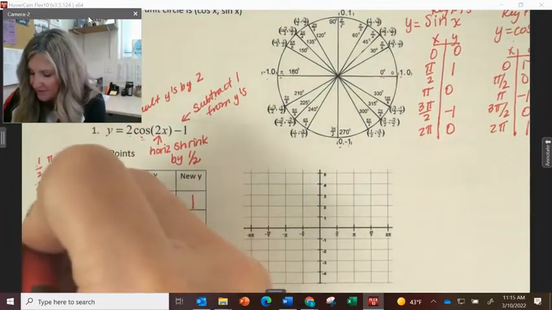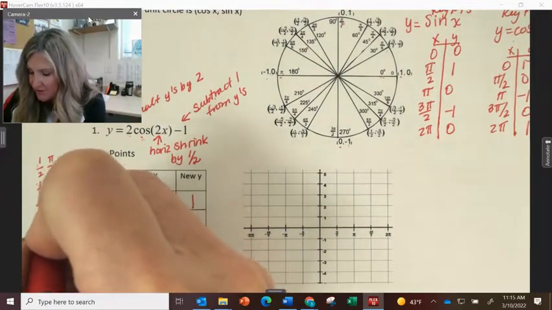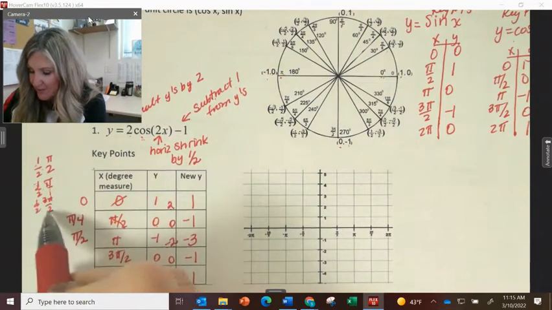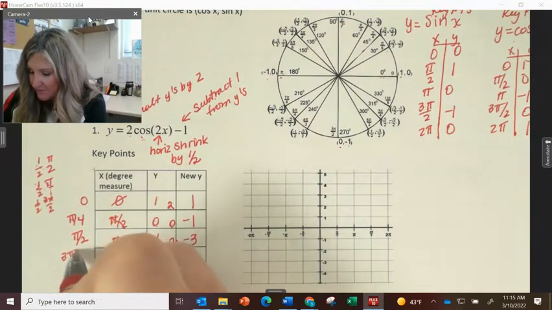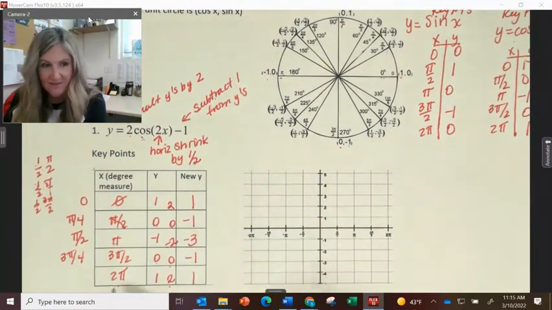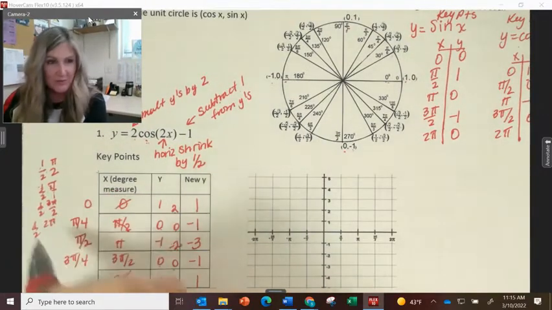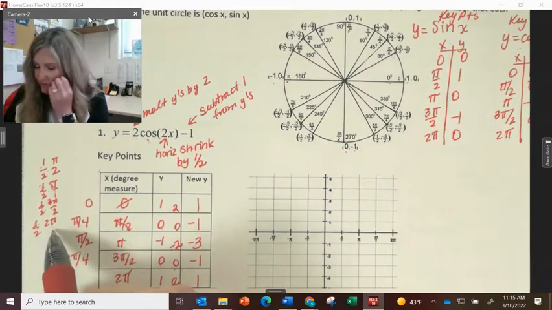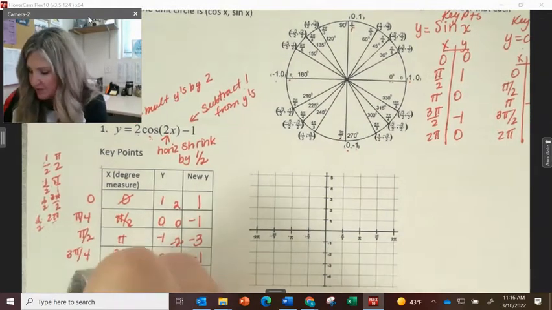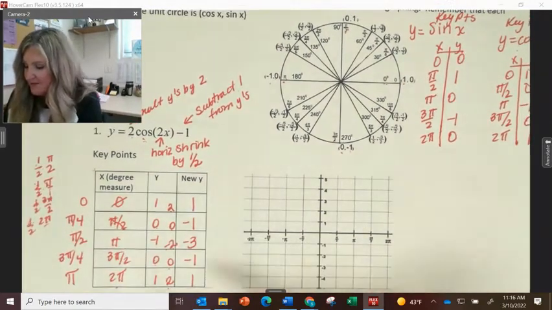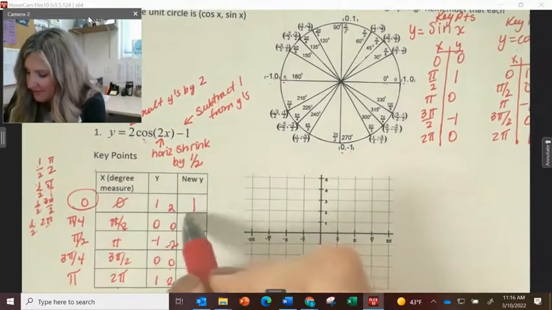Half of 3 pi over 2, multiply straight across, 3 pi over 4. And half of 2 pi, multiply straight across, 2 pi over 2 is going to just be pi. These are now what we're going to be graphing.